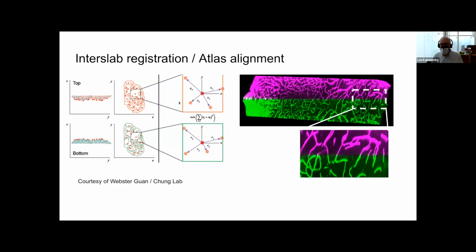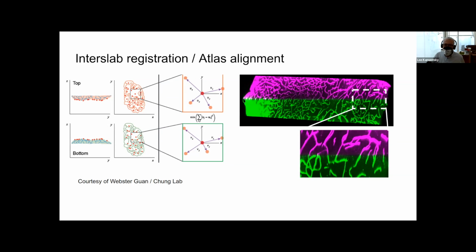You have individual slabs, and the slabs don't have any overlap. We use the blood vessels in between each slab, finding the blood vessels in the top and the bottom, and these form constellations where the nearest blood vessels have angles and distances to them, which form the features which can be matched from one slab to the other.